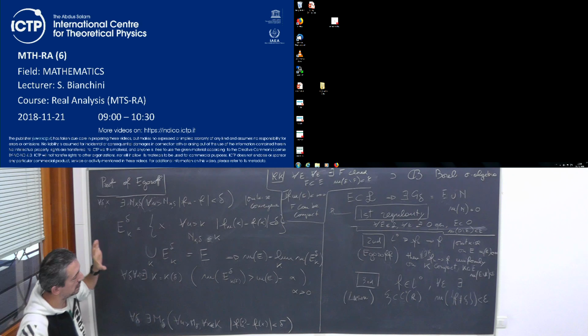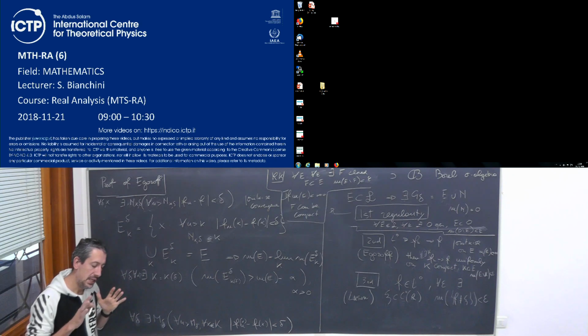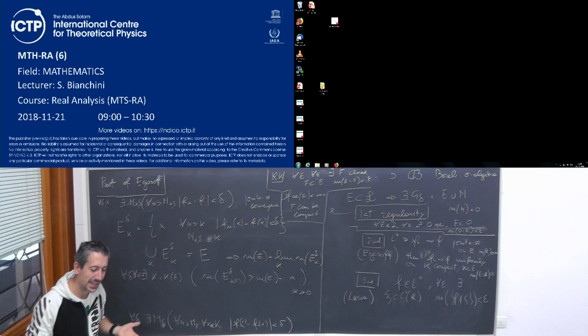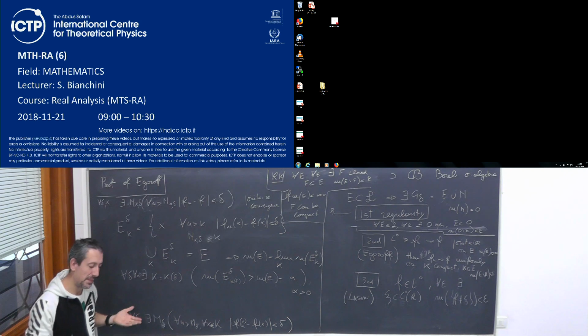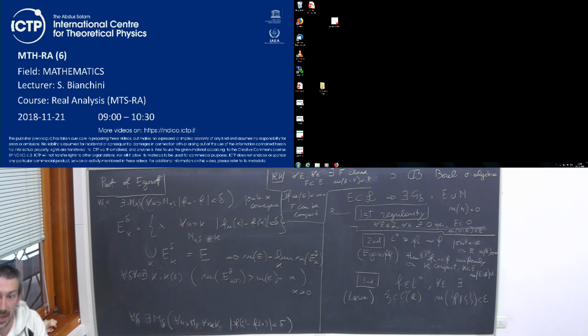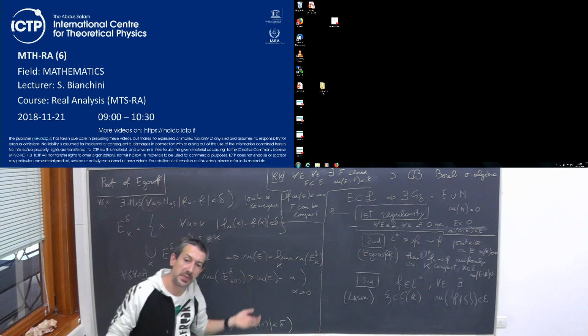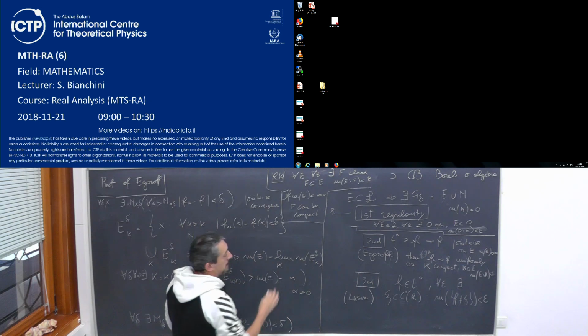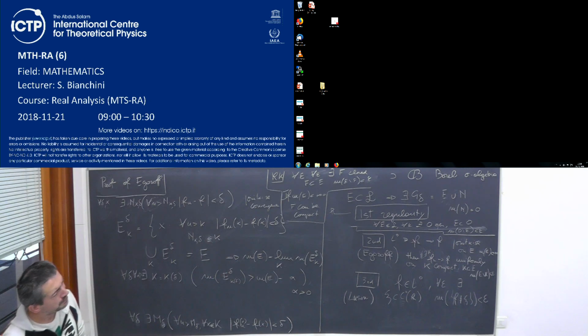The final trick is difficult to appreciate, I understand, but it is fundamental. It is true only because the sequence E_{delta,k} is increasing. Otherwise it would be the union. But I already used this here. Only that the measure of E is less than infinity doesn't give us this expression.